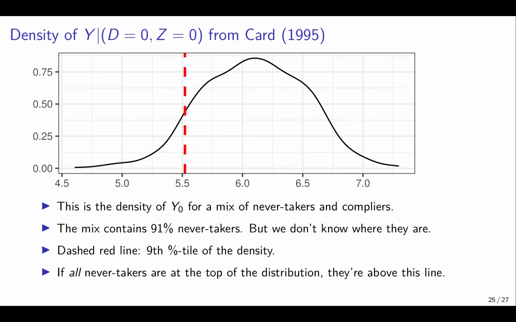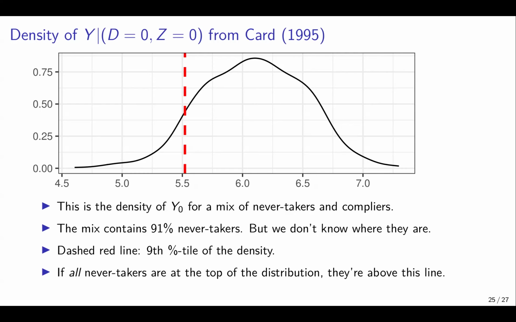This is the density of log wage among people who did not go to college, D is 0, and did not live near to college, Z is 0. As we talked about, this density is a mixture of the untreated potential outcome, Y0. How do we know it's untreated? Well, because these folks didn't get the treatment. It's a mixture of the Y0 for two types of people.